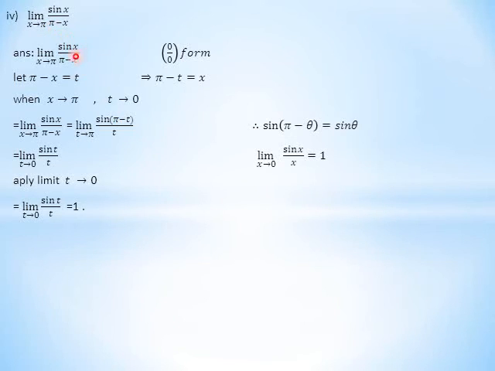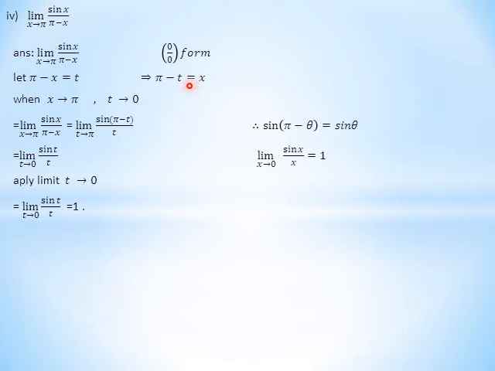Again the same thing. Let pi minus x is equal to t, or we can say that x is equal to pi minus t. Why? Because when x tends to pi, t tends to 0.